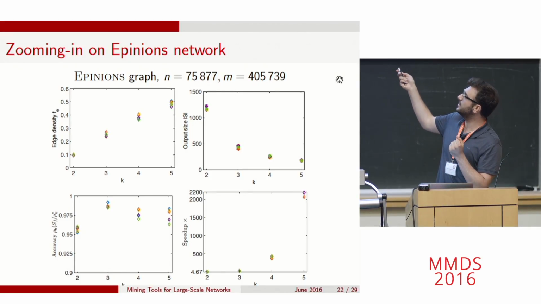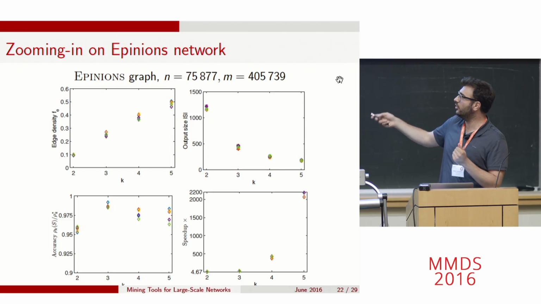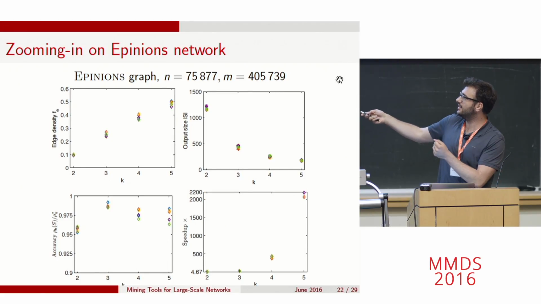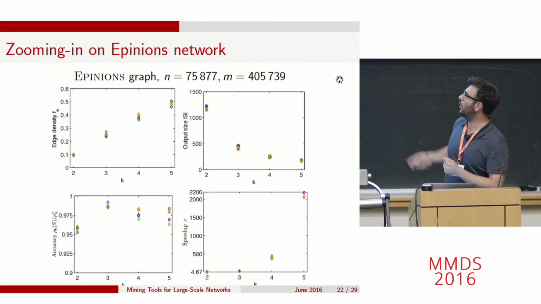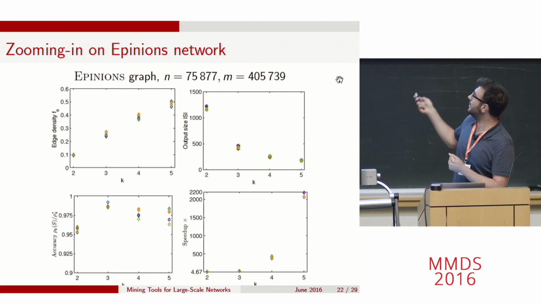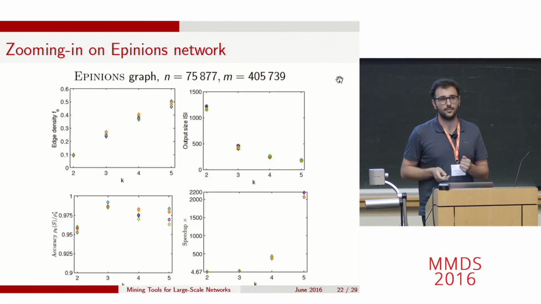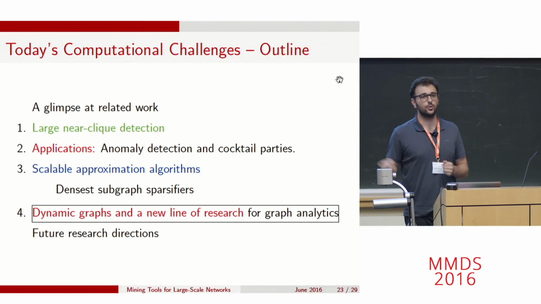The output size decreases, as we observed also before. The accuracy, because we could solve the exact version here, is always lower bounded by 95% and gets closer to 1. And the speedup goes from roughly 4.6 times to roughly 2,000 times as we increase from k equals 2 to k equals 5.